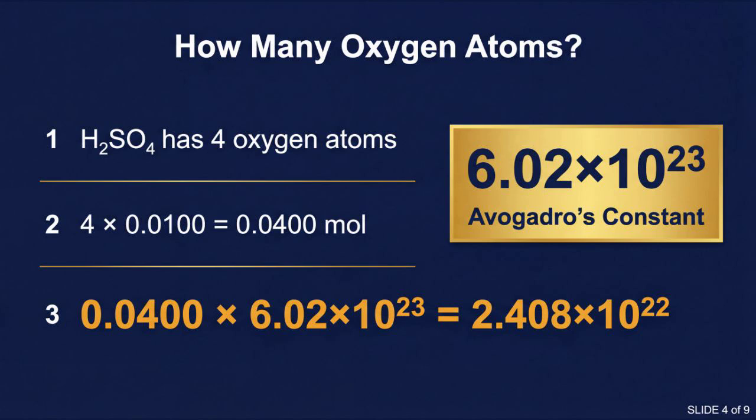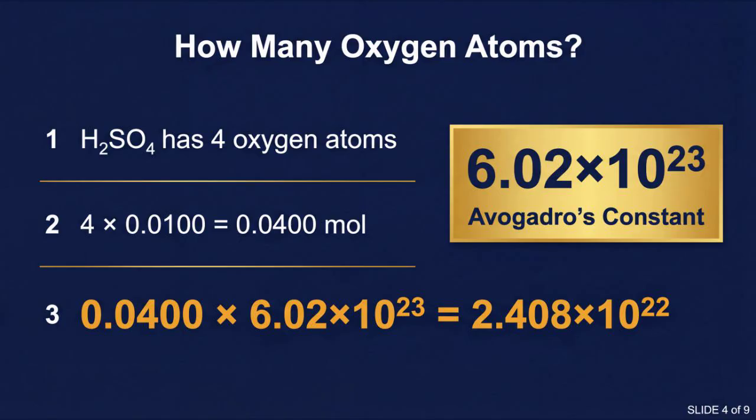Next up, how many oxygen atoms are in 0.0100 moles of sulfuric acid, H2SO4? First, look at the formula. Each molecule of H2SO4 contains 4 oxygen atoms. So, moles of oxygen atoms equals 4 times 0.0100, which gives us 0.0400 moles.